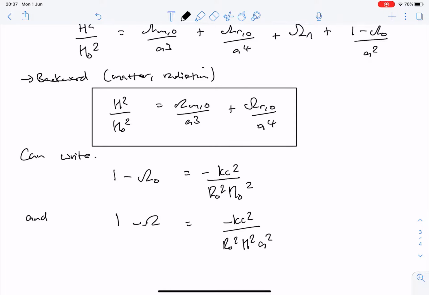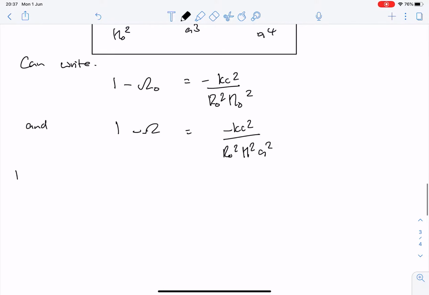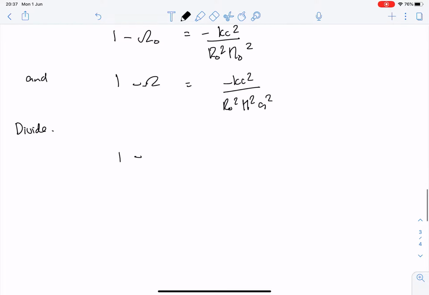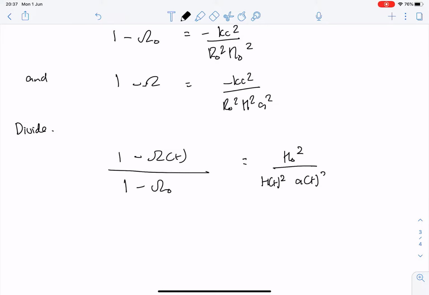And then I can divide those two together. And I get that 1 minus omega, I'm not doing very well with my omegas today either, omega as a function of t over 1 minus omega 0 is equal to h naught squared over h of t squared a of t squared.